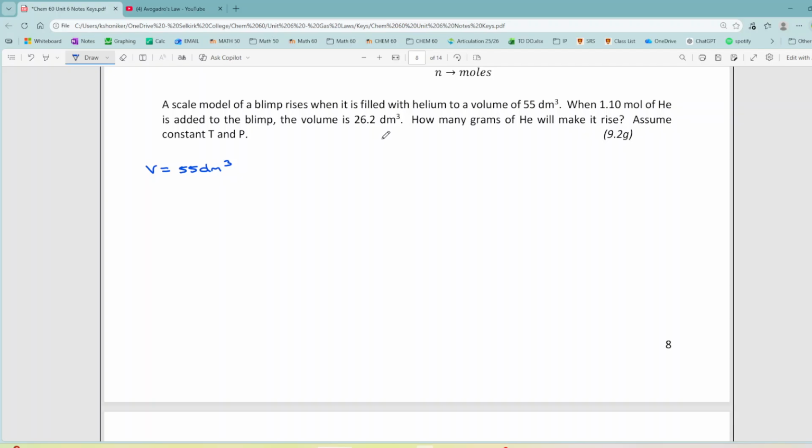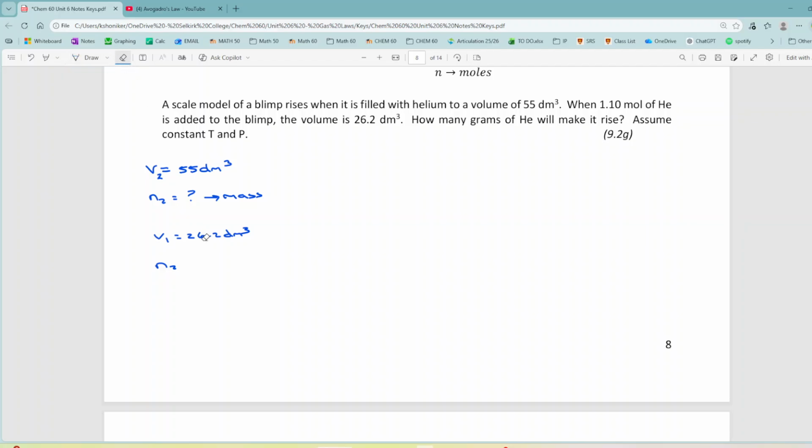How many grams of helium will make it rise? So this is actually my V2, and I want to know my N2. Okay, but we actually want to convert that to mass. But what we'll have is we've got that the V1 is 26.2 decimeters cubed when the N1 is 1.10.